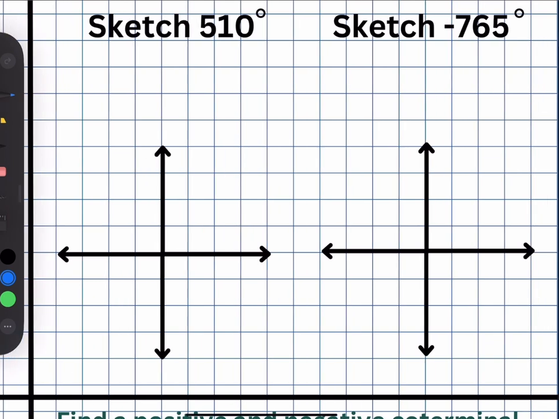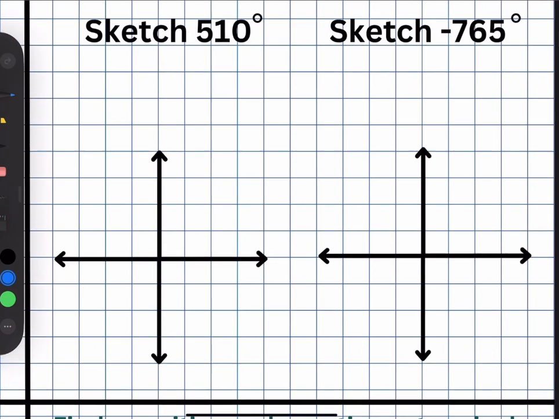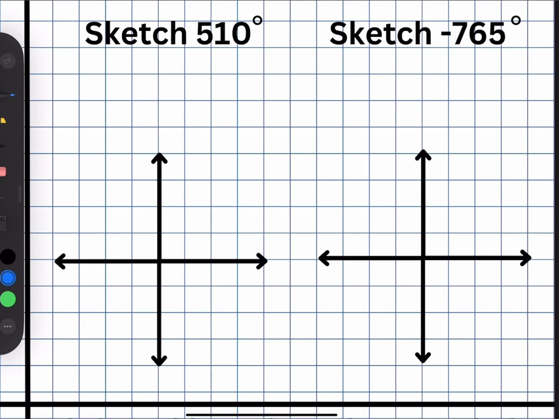We're going to do some more sketching practice here of some larger angles. So we're going to sketch 510 degrees. So I'm going to start by creating my initial side and my axis. And when you have really large angles, like 510, I know that a full circle is 360.